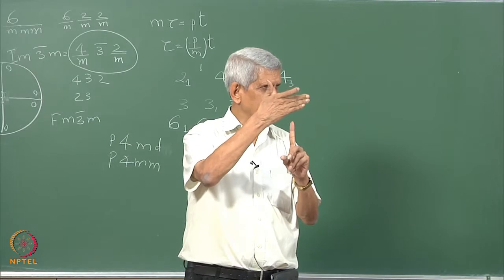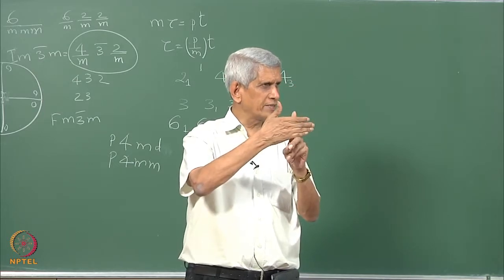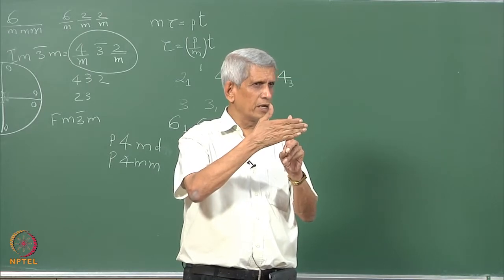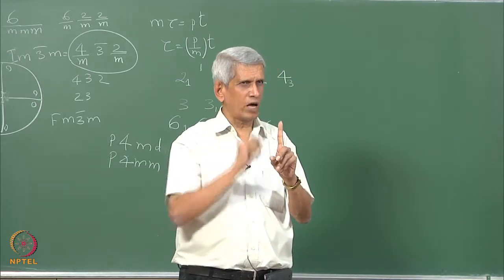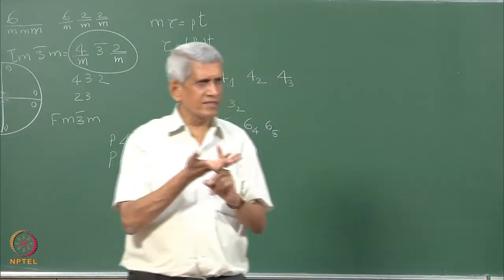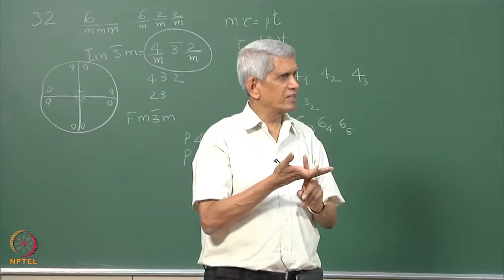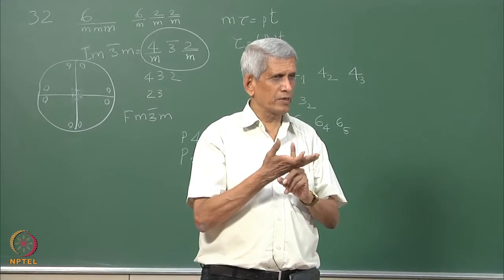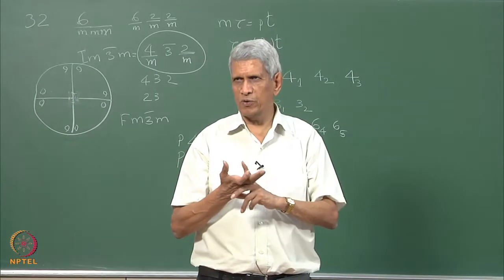The rotational symmetry axis and the mirror plane are parallel to each other. So the origin you can choose arbitrarily. If the symmetry elements intersect, the point of intersection is always taken as the origin. That is the convention which is always followed.